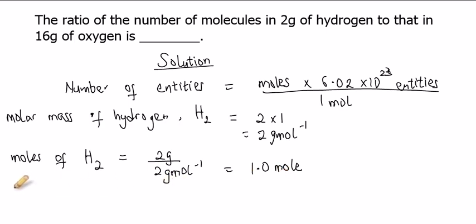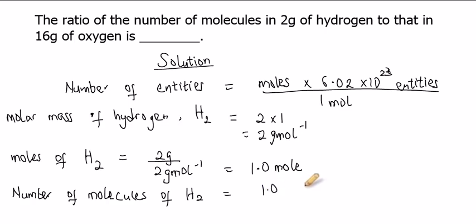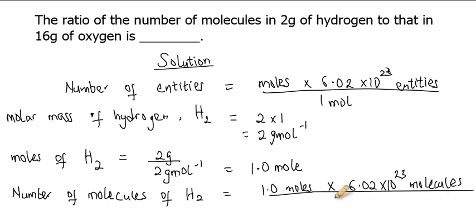So the number of molecules of hydrogen is our mole, which is 1.0, multiplied by 6.02 times 10 raised to the power 23 molecules, divided by 1 mole, and this gives 6.02 times 10 raised to the power 23 molecules.